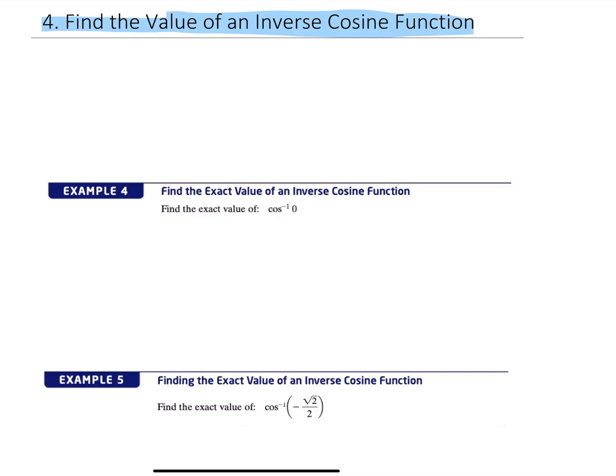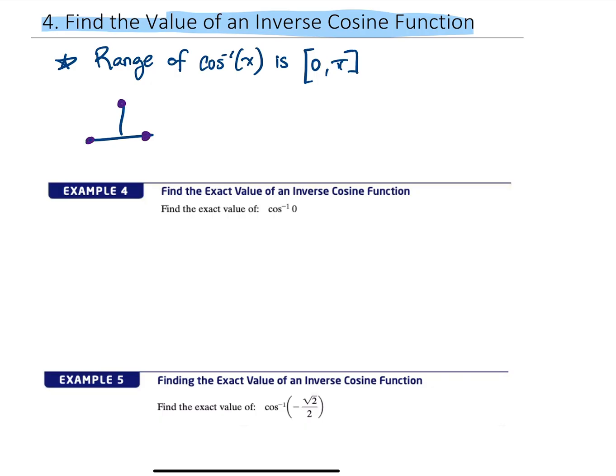So here we will consider the range of inverse cosine is between 0 and pi. So this one I can imagine just the top half of the unit circle. That's where all of our outputs will exist. So the inverse cosine will only produce outputs in this range.